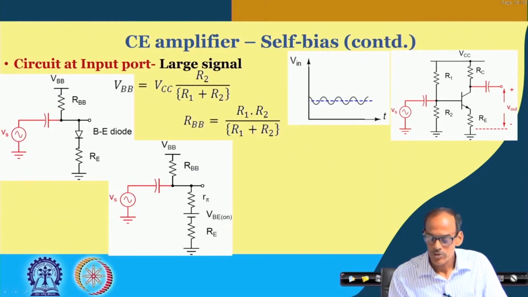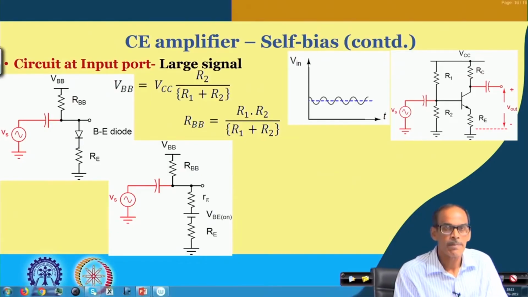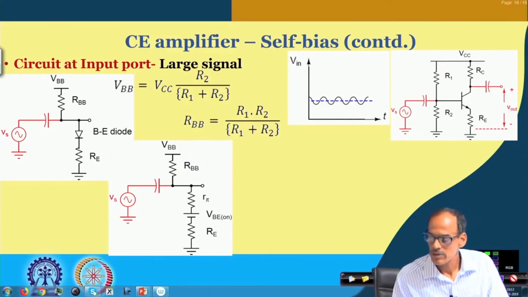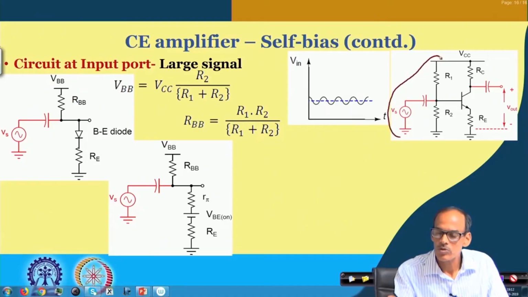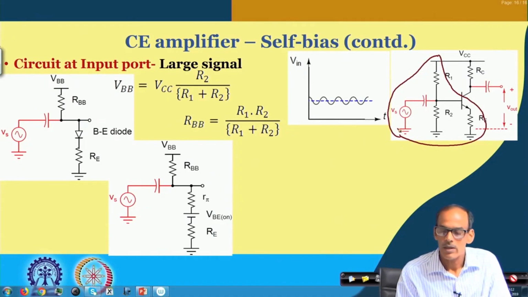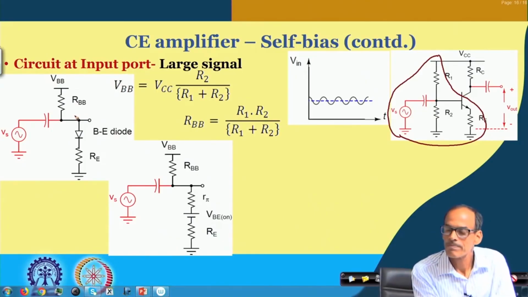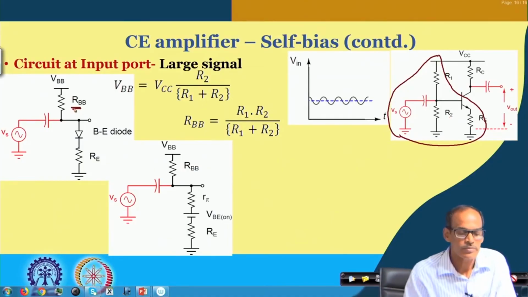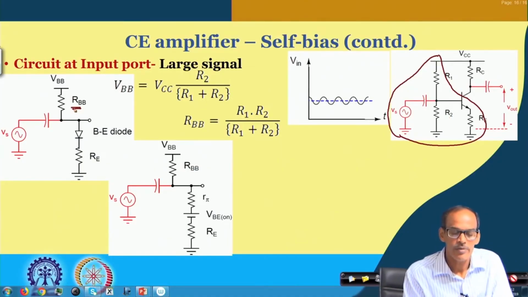So, at the input port, this is the circuit we are talking about. Let me mark it here. At the input port we are talking about this one. We have R1 and R2 coming in parallel to give us the RBB.